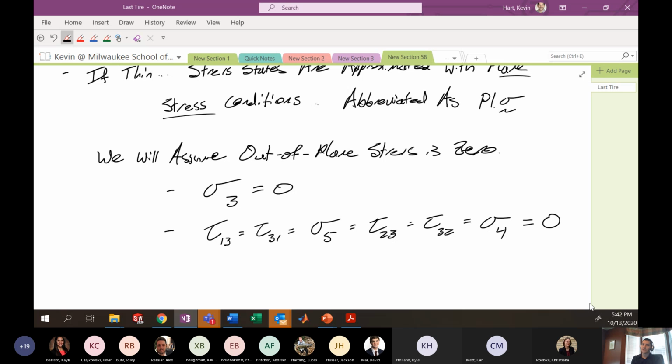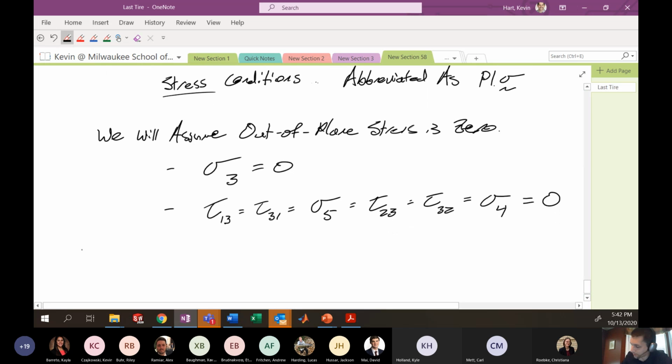Okay, so that really simplifies our situation. The picture you want to have in your head here is, let's say we have a unidirectional thin composite.